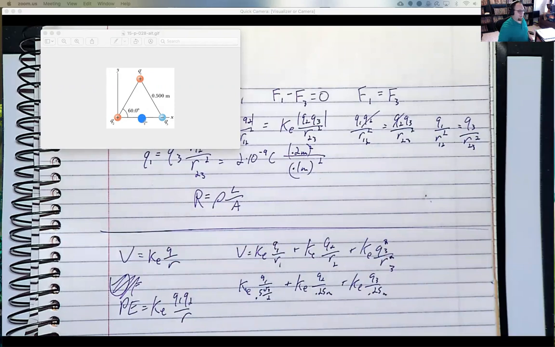What's the potential energy of that particle? I'd just say KEQ1Q4 over R, KEQ2Q4 over R, KEQ3Q4 over R. Now we just add them up. No vectors, just add. On the homework, you did have ones like that.